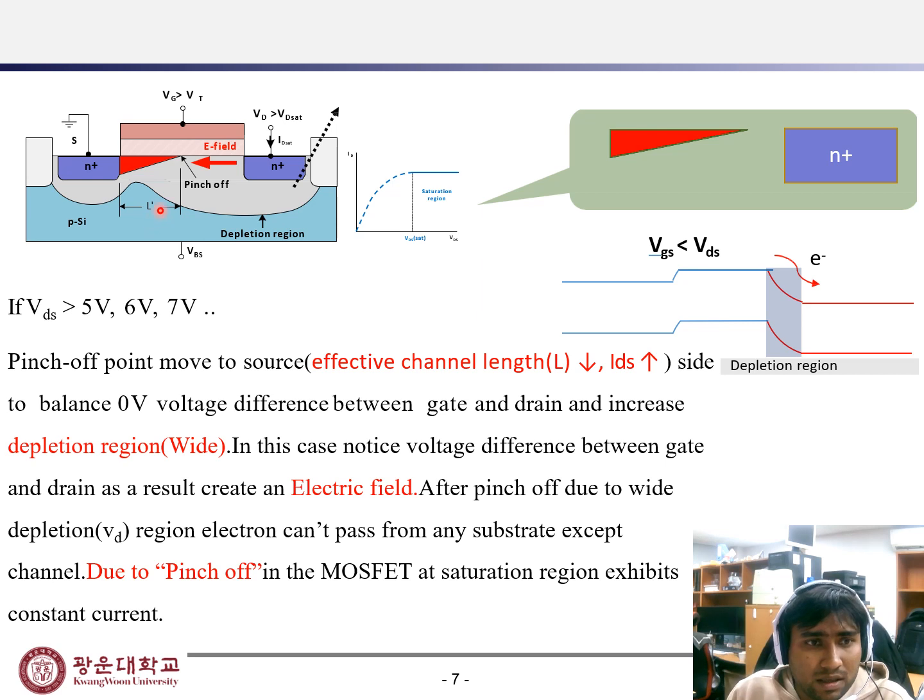As a result, the channel current flowing from here to here is constant, because due to the wide depletion layer there is no current from this region. That's why the current flow is constant here.